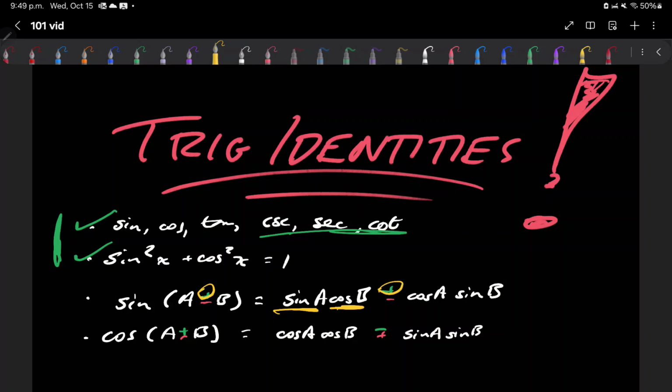And then you notice that cos has two of the same ratio with each angle, but then the sign is switched. So sine is the same sign, cosine is opposite sign. Your ratios are the same ratio twice for cosine, but sine is the other ratio.